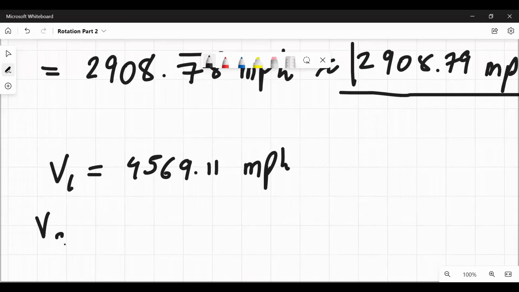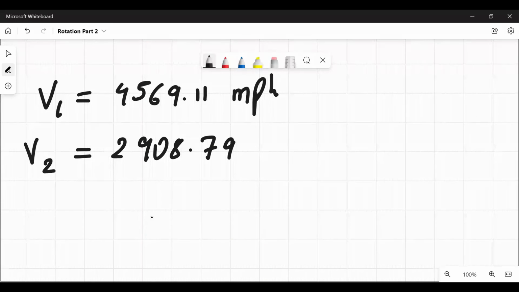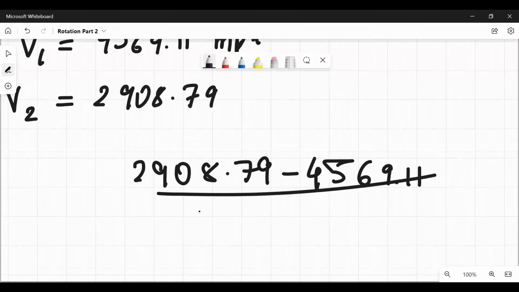The current one we have is 2908.79. It has changed, of course, but we have to find how much it has changed. So the final 2908.79 minus 4569.11. Oops.